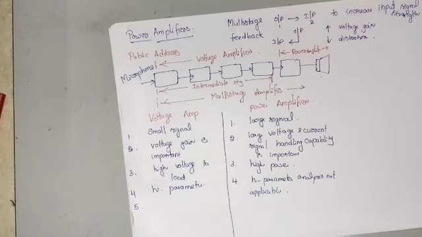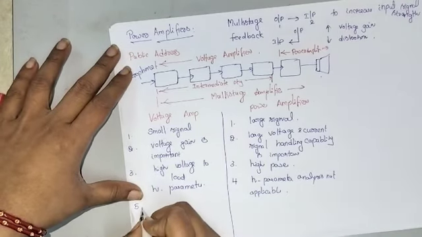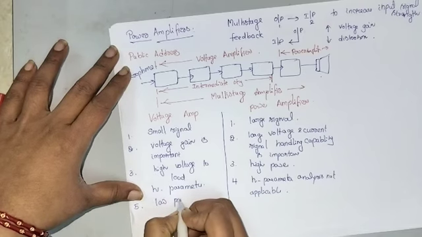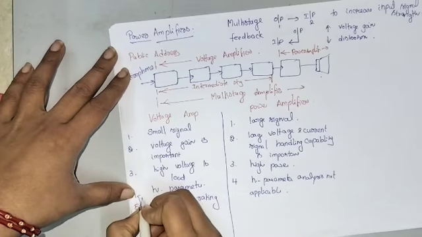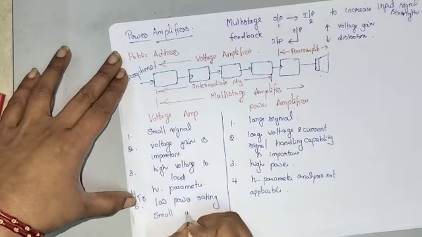Okay, next, the transistor used has a low power rating. In voltage amplifiers, the transistors have a low power rating, so they are small in size.